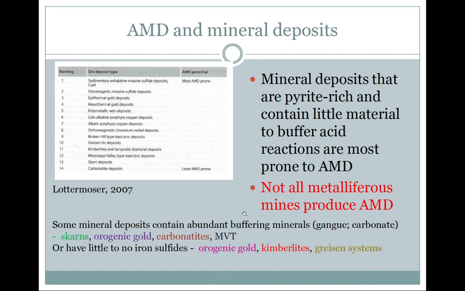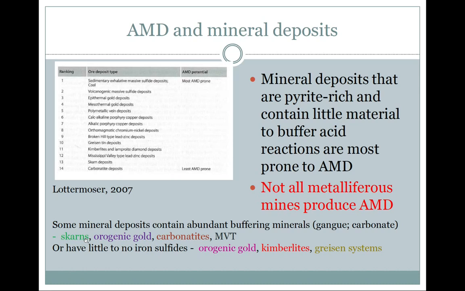So this is common for certain mines. Not all metalliferous mines produce AMD. Of course, VMS deposits are usually pyrite rich and contain little buffer for acid reactions. So things like skarns are not that bad because they're hosting a lot of carbonate.